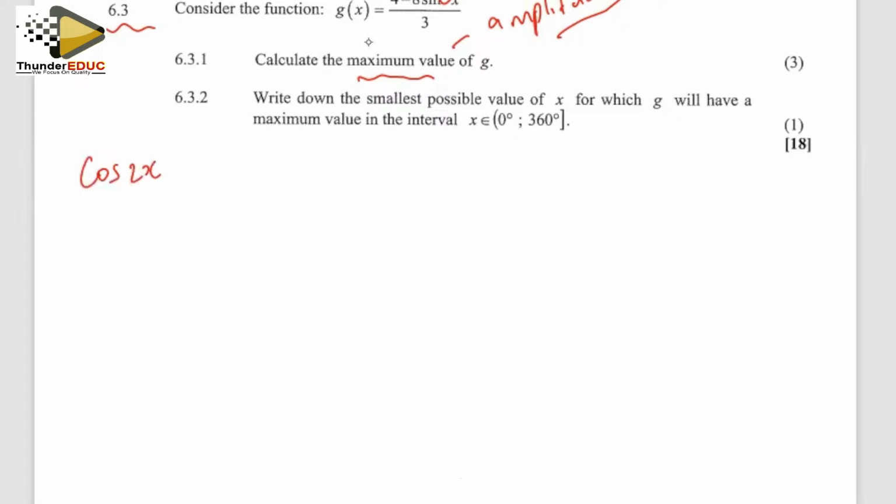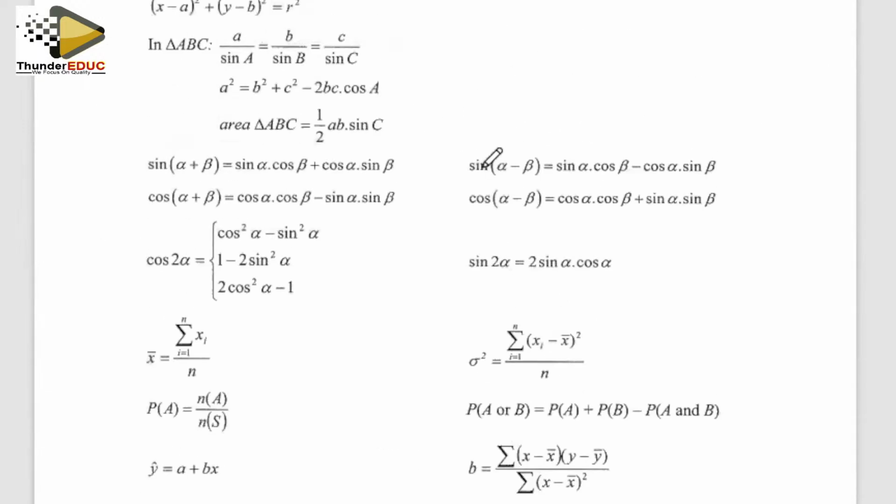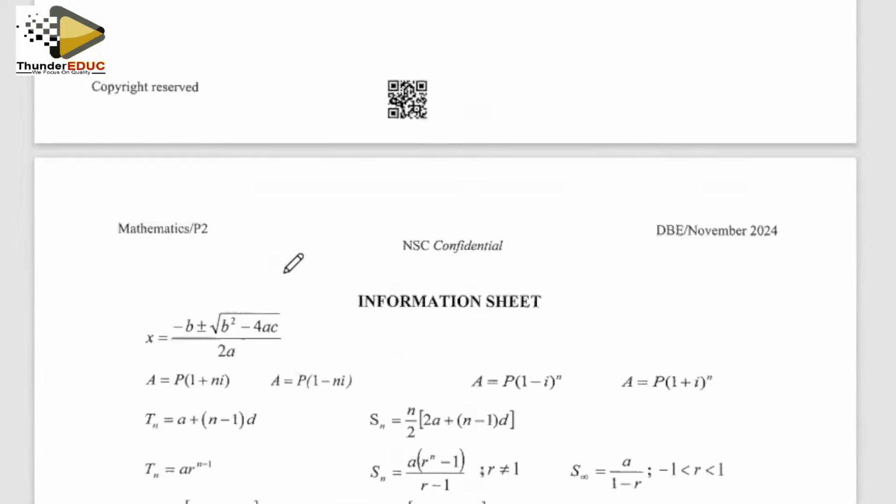So from the formula page, the cos 2x can be given as 1 minus 2 sine squared x. That is if I'm not mistaken. Let's go there and see. Okay, 1 minus 2 sine squared.